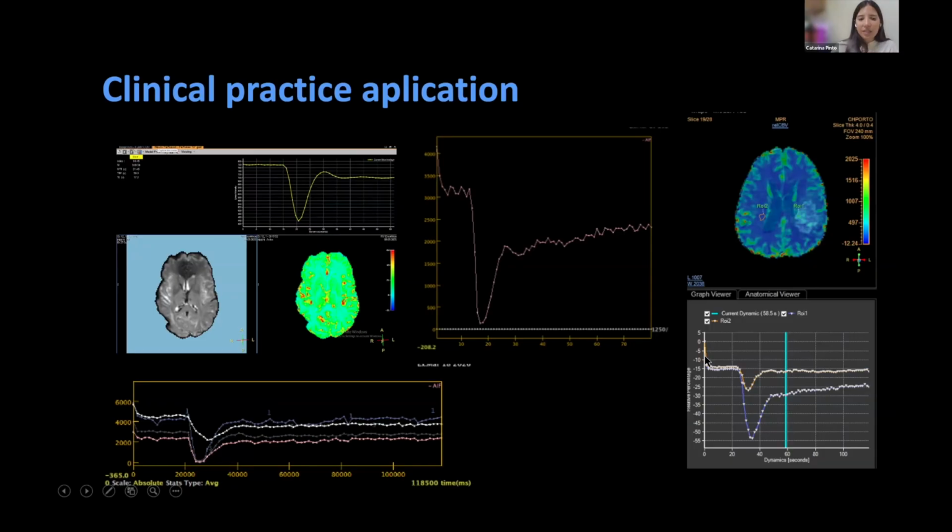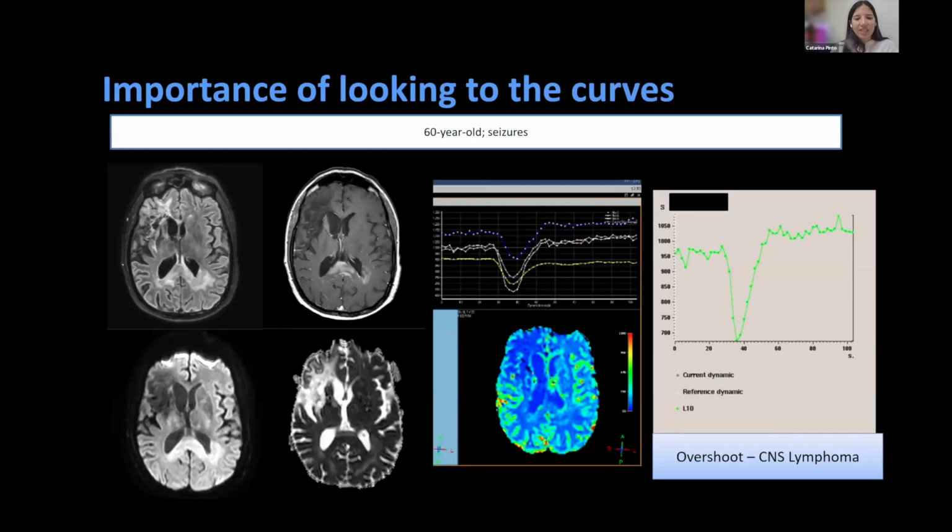So this is really important for understanding how the curve performs and how we can interpret the perfusion. And although it's not a glioma, it is a well-known case where the curve gives you a hint, and I will show you with this case.